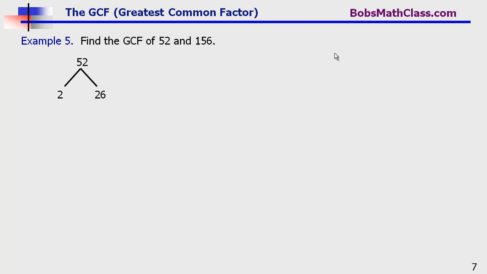It ends in a 2, so you can always start with 2. 2 times 26. Again, I don't know that off the top of my head. I would do that division on this slide on my scratch paper. So 2 into 52 goes 26 times. Now 26, how many times does 2 go into 26? Because it's an even number, that's why I'm using 2 again. 2 times 13.